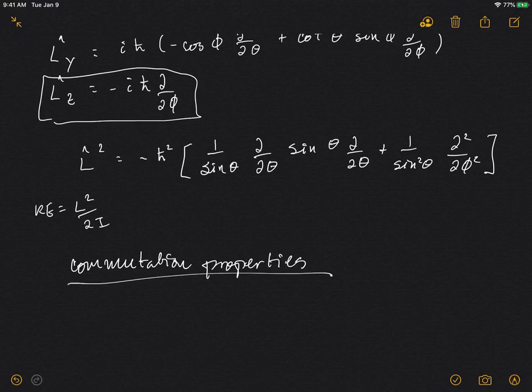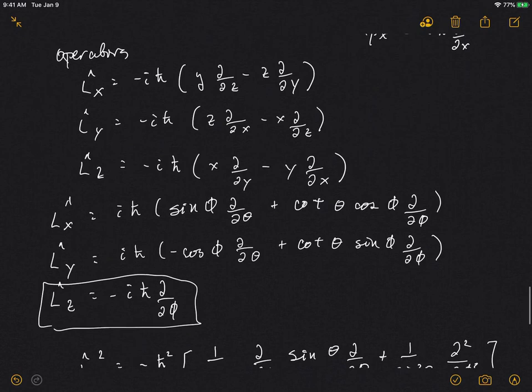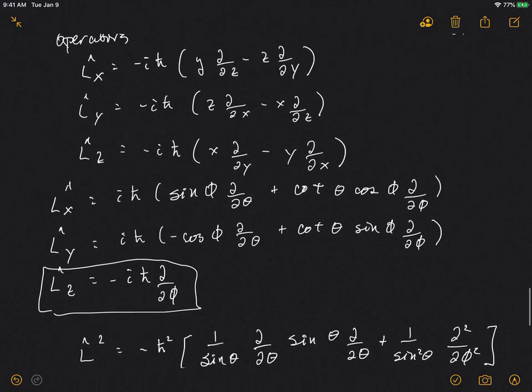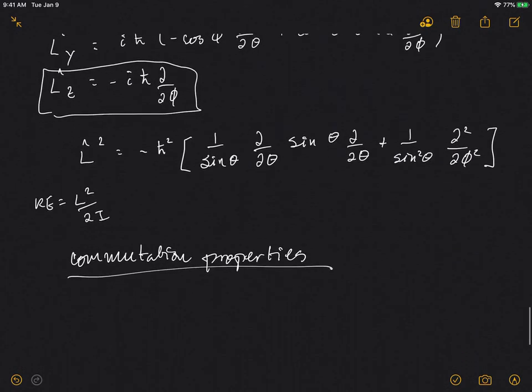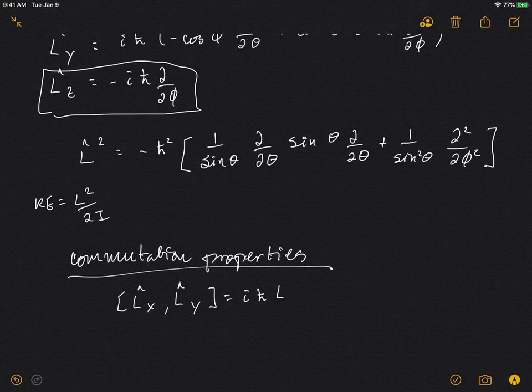An issue is commutation properties. And it can be shown, in fact, we probably will a little bit later show that the commutator of Lx and Ly is i h bar Lz. Sorry, that Z is not very clear.